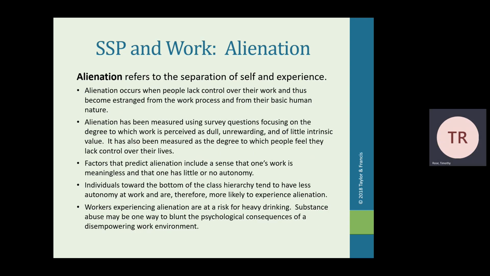So what does the book have to say in terms of its overall analysis of alienation within the context of social structure and personality? It says that alienation occurs when people lack control over their work and thus become estranged from the work process and from their basic human nature. Going back to that idea of, okay, so I'm in a white collar, I'm in a blue collar position. I'm not really given the freedom to innovate on the production process.